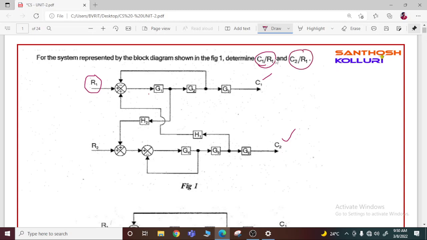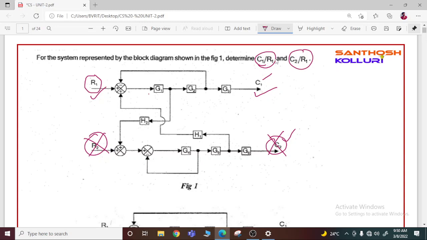Okay? So while we are considering the C1 by R1 case, we are making R2 as 0 and as well as C2 as 0, so that the output is C1 and input is R1.